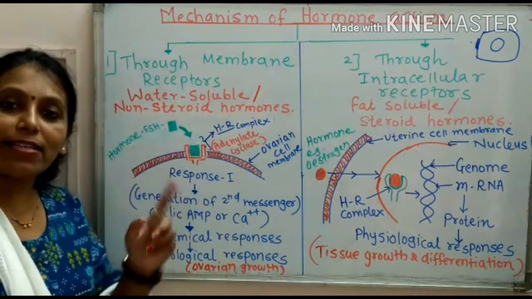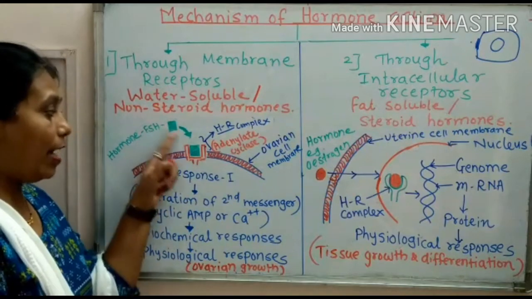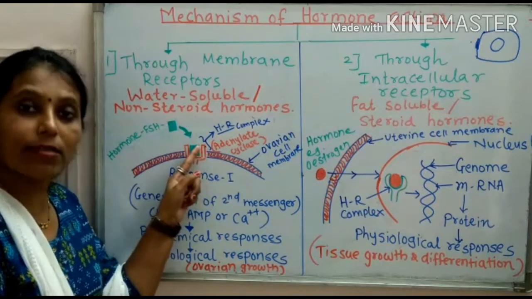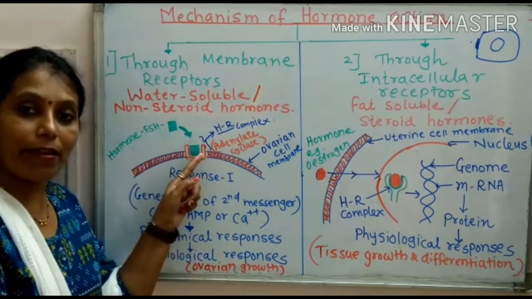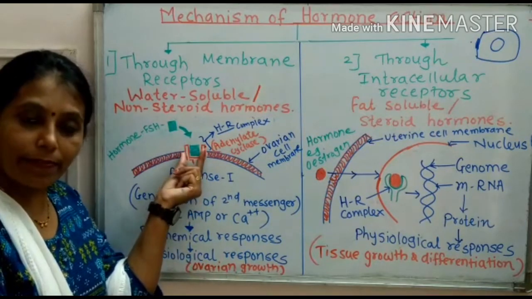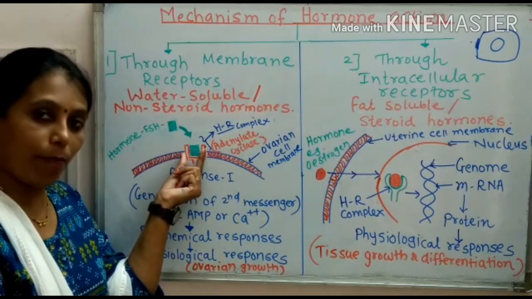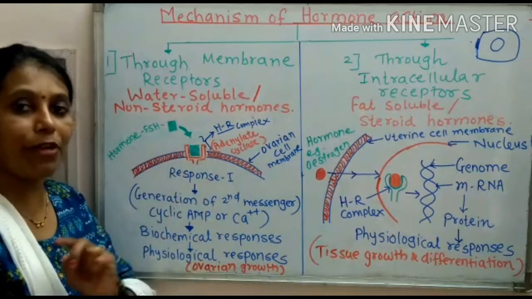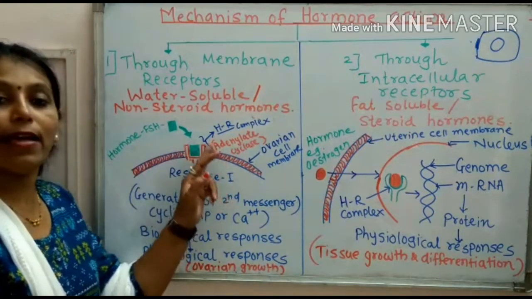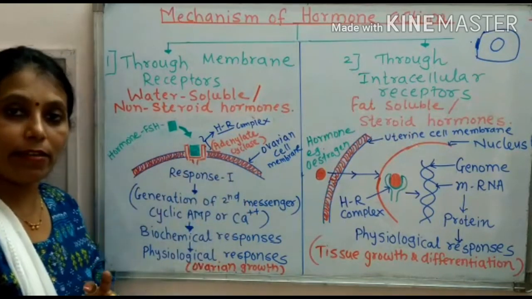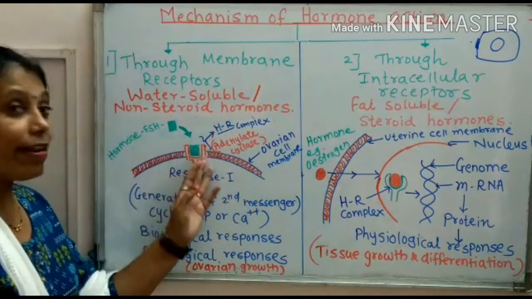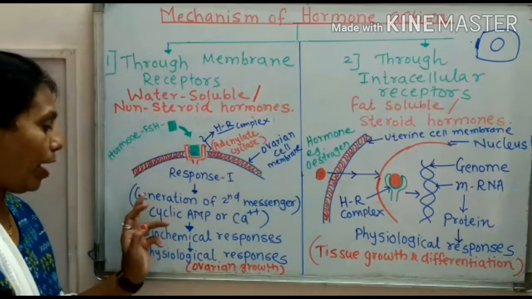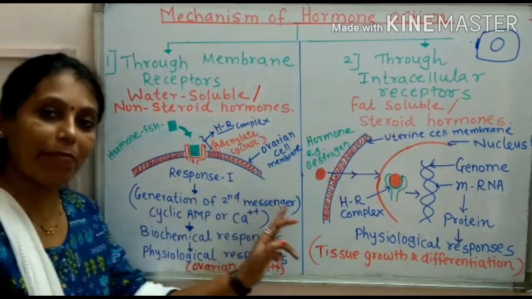The hormone acts as the first messenger. It comes to the cell membrane and binds with the receptors present there. It forms the hormone receptor complex, which is responsible for synthesis of the enzyme adenylate cyclase. Due to this, it creates another messenger inside the cell, the generation of the second messenger.